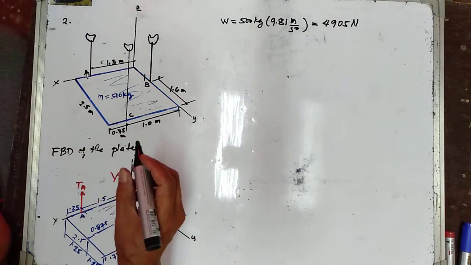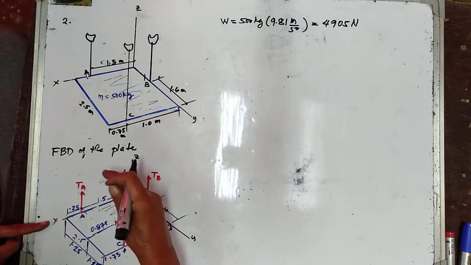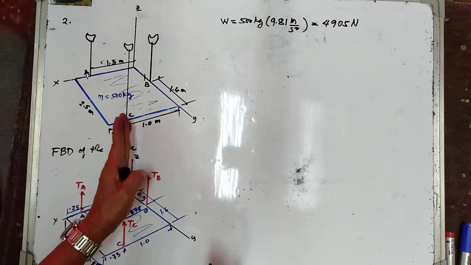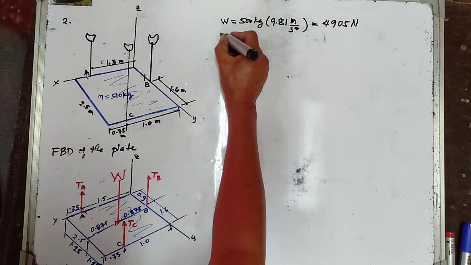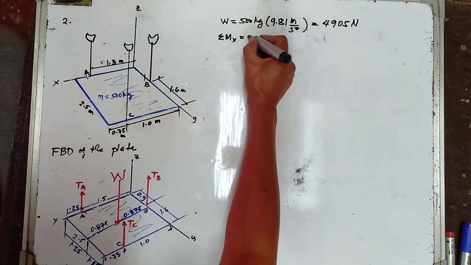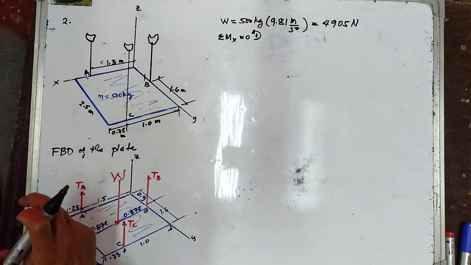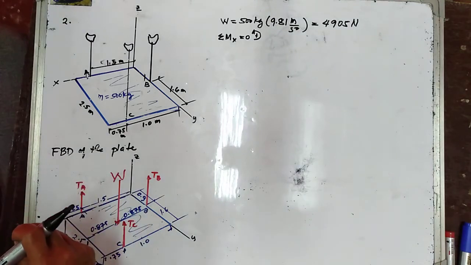Next, let us try to take summation of moment about the x-axis. By this time, this is the x-axis. This one is the y-axis, and this is the z-axis. Summation of moment about the x is equal to 0, counterclockwise moment positive.